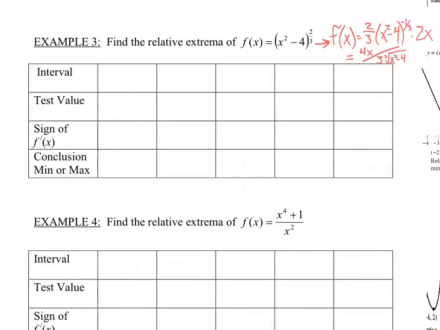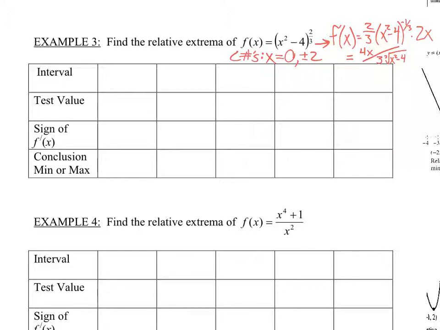Okay? So what would make this either equal 0 or be undefined? x equals 0, -2, +2. x equals 0 would make it equal 0, but a positive or negative 2 would make the denominator equal to 0, so that would make it undefined.